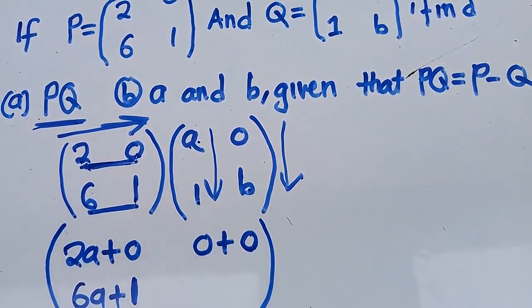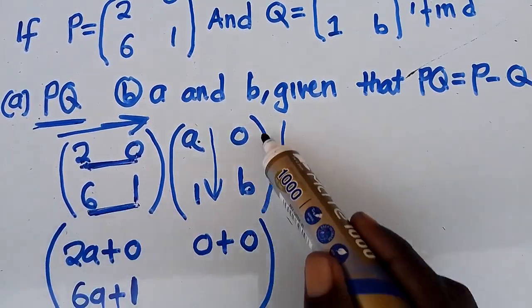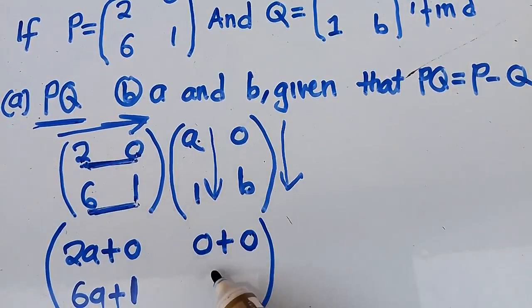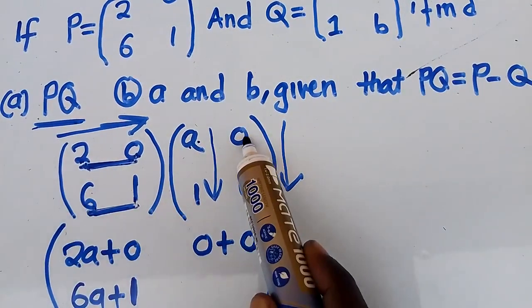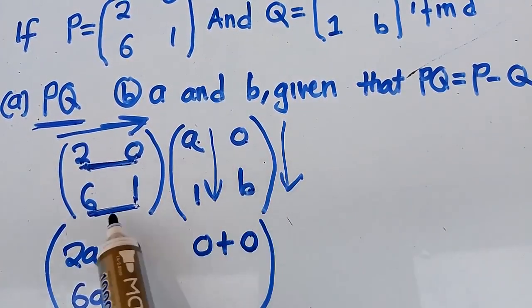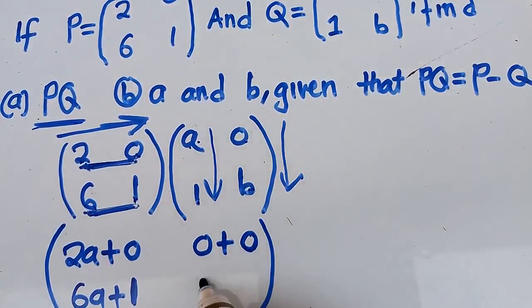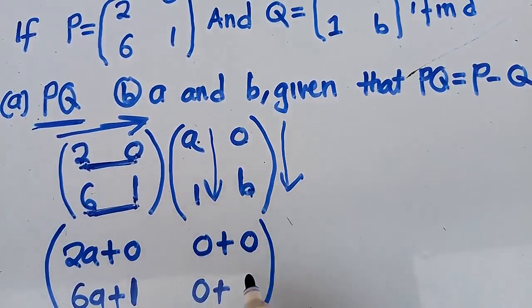I put a 1 there. I move to this same row. I go with that column. So I will say 6 times 0. Then plus 1 times B. So 6 times 0, it is 0. Plus 1 times B. It is B, like this.